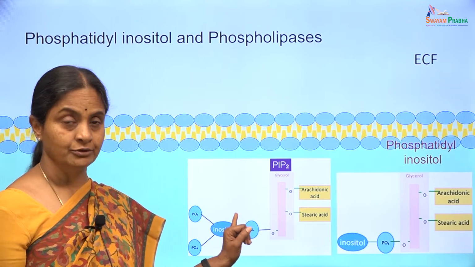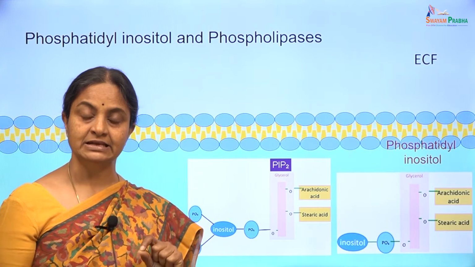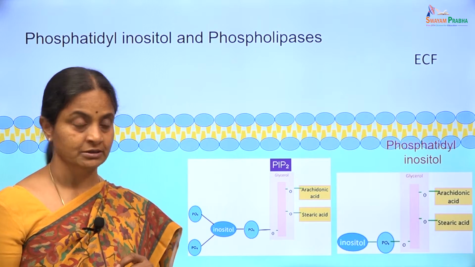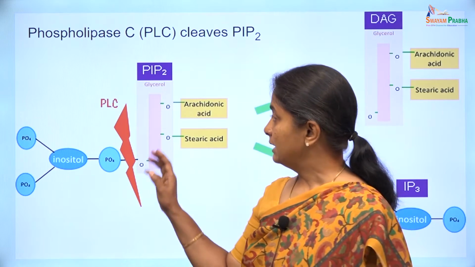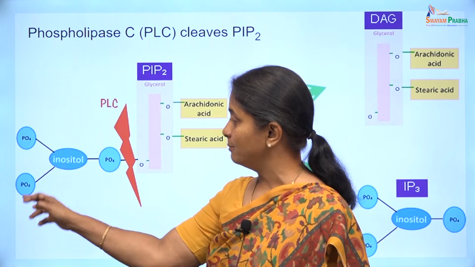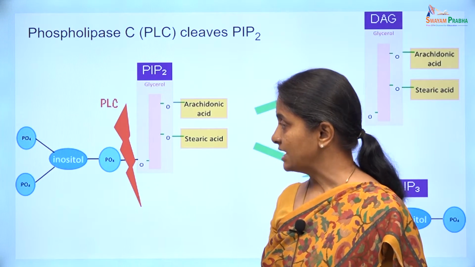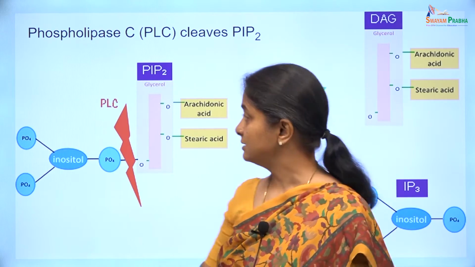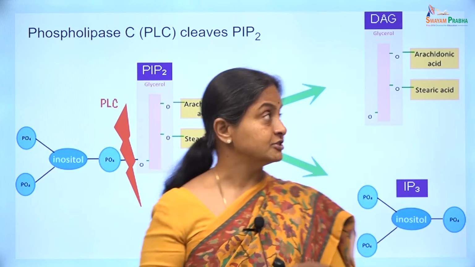This is the compound on the cell membrane that is acted upon by phospholipase C, which is activated by the GQ subtype of G-protein. And what does phospholipase C do? It cleaves this molecule, phosphatidyl inositol bisphosphate. It cleaves it at this point. The result is you get inositol triphosphate, and this is the glycerol molecule, diacyl glycerol.